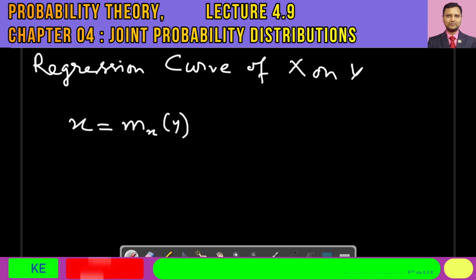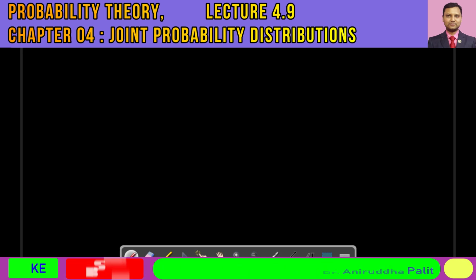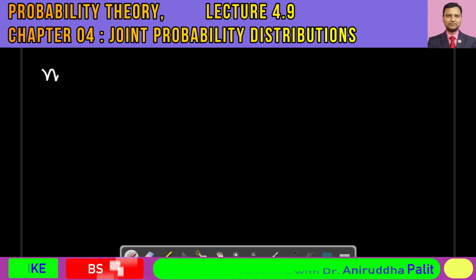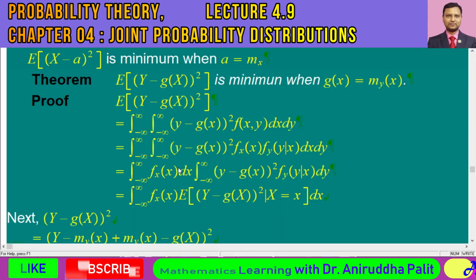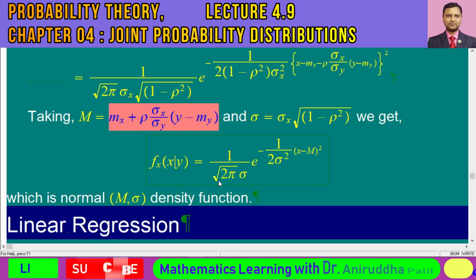We already proved this result that in case of bivariate normal distribution, the conditional mean of y on x has this type of expression. And this is the conditional mean of x on y.